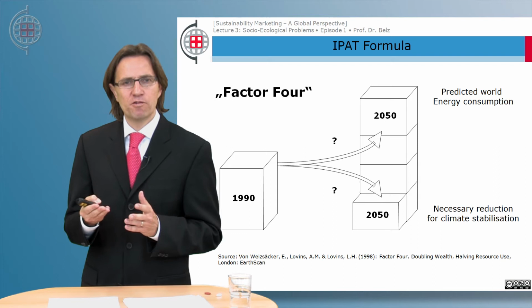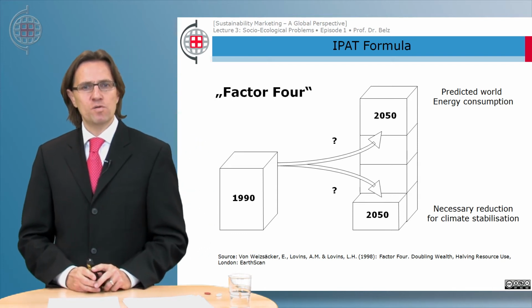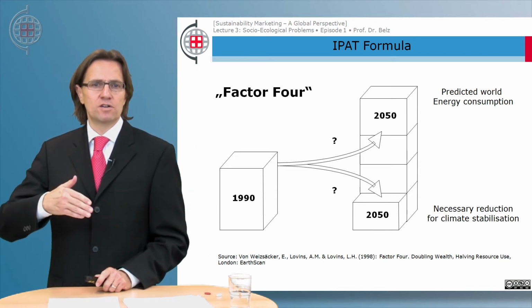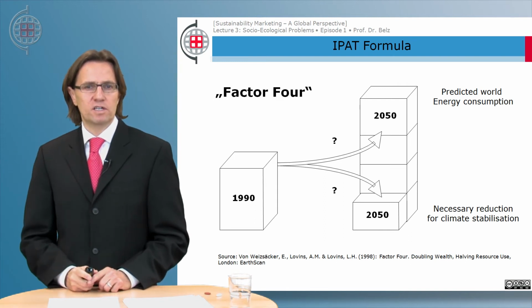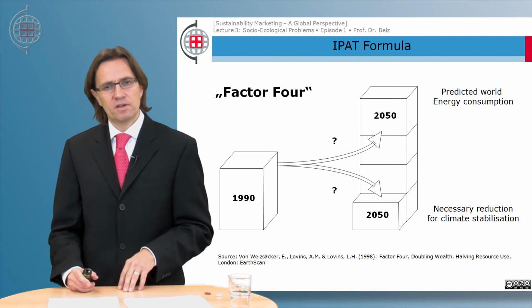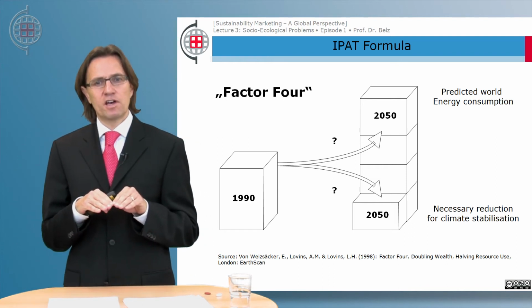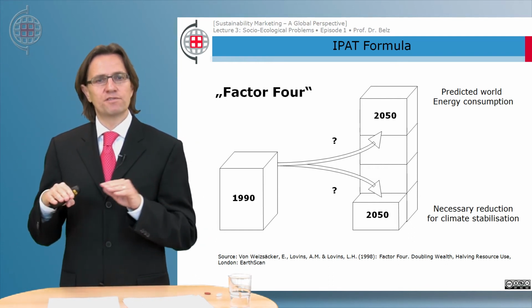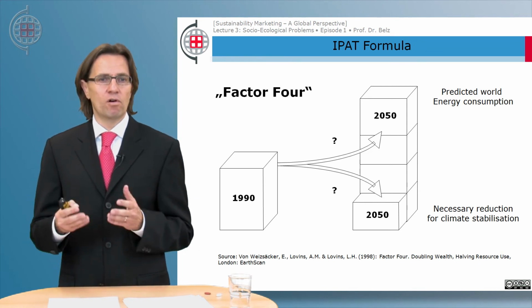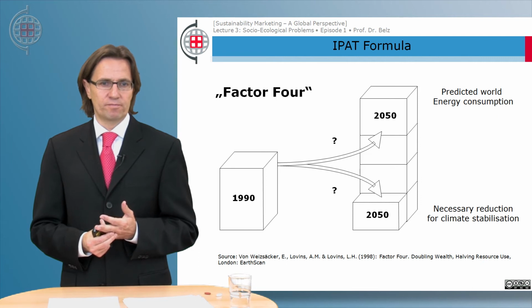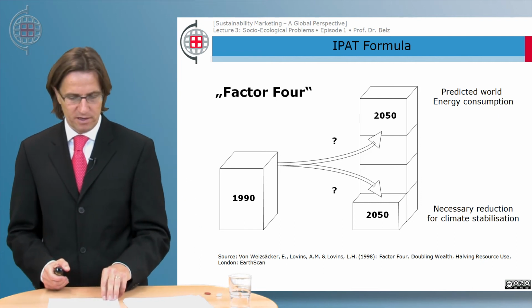If we go on with business as usual, then due to world population growth, we will see a rise in energy consumption and resource consumption. But actually, if we want to stabilize the climate, we have to reduce the energy and resource consumption overall by the factor 4, as claimed by von Weizsäcker and others.